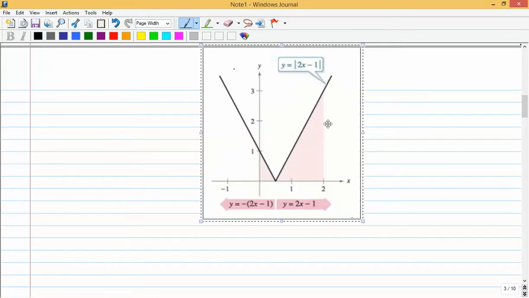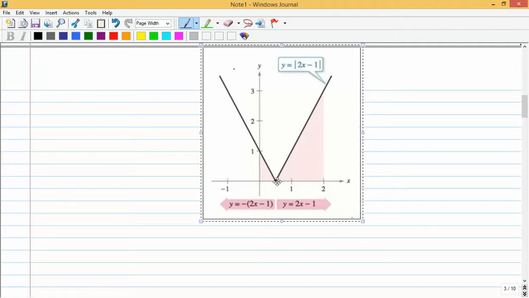Alright, and so with absolute value, the reason why you have to work out two equations again is because there's two different equations that can give you the same answer. Why is that? Well, without those absolute value bars, this line right here is 2x minus 1.